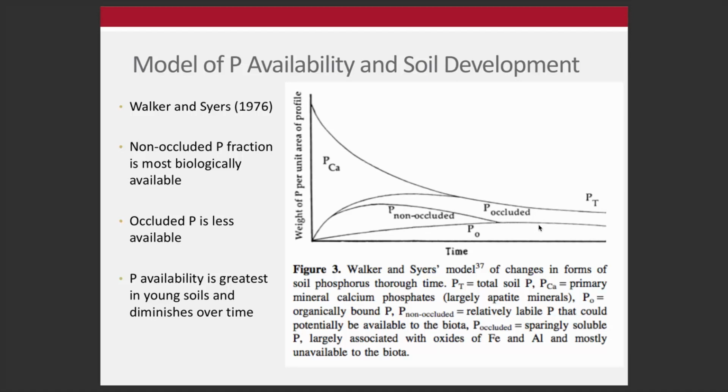Okay, so what they hypothesized was that phosphorus availability is greatest for plants when soils are young, and really this diminishes over time. So an important model if you are studying phosphorus and getting into some of the science behind it, this is something to be aware of.